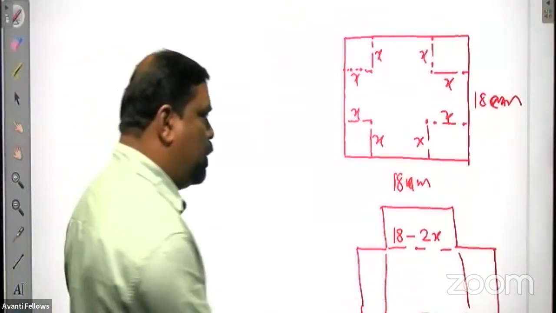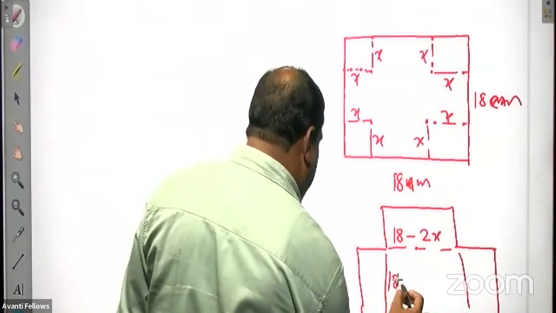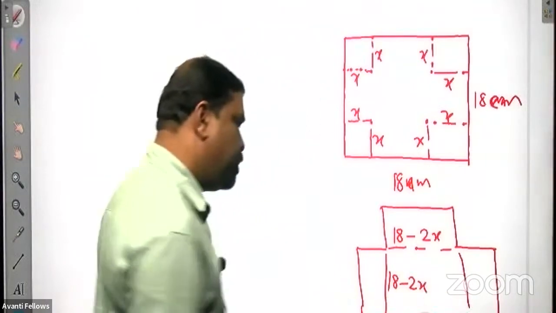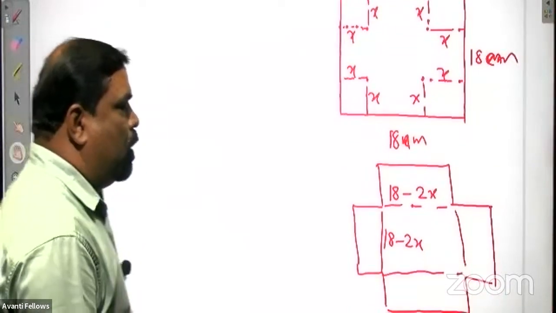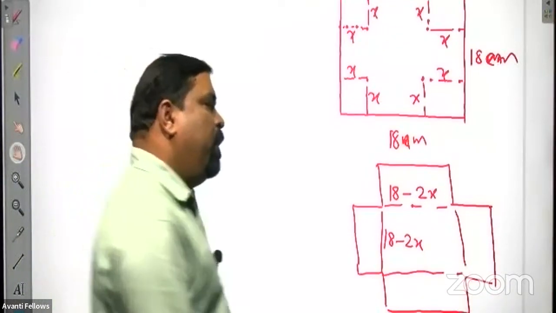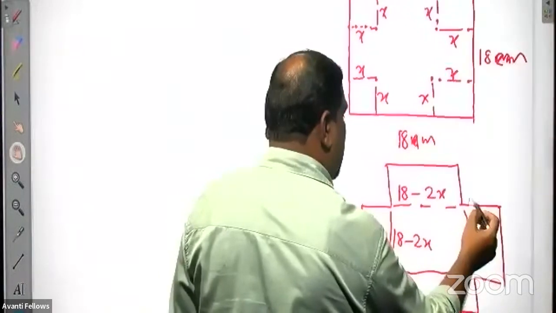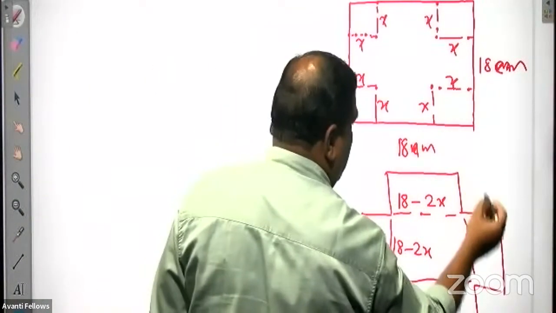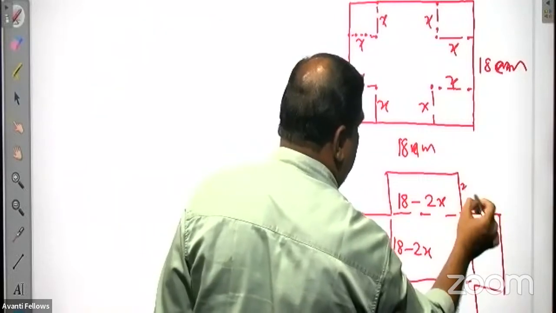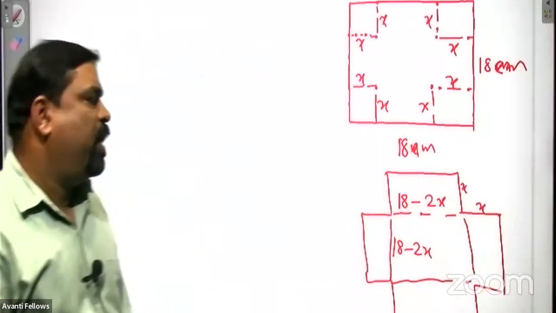Similarly, the breadth also will be 18 minus 2x only. And the height will be x. The size of the square piece cut off from each corner is x, so the height will be x only.